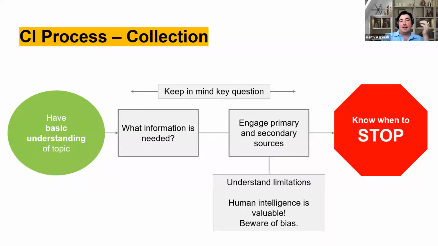And the next part is the collection. As an analyst, you need to start from somewhere, so you need to develop that basic understanding. As you keep in mind your key questions, you're advancing that process and getting those answers. If you haven't engaged other people, human intelligence we found to be very valuable.